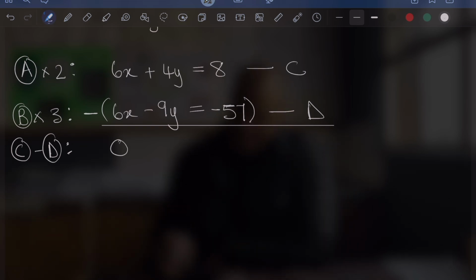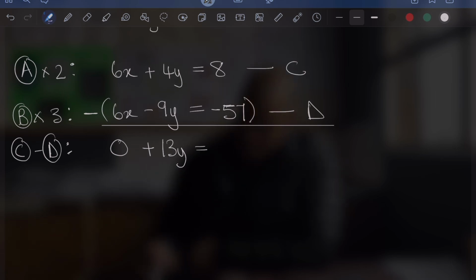And then 4y minus negative 9y is 4y plus 9y. And that will give me positive 13y is equal to 8 minus negative 57, which is 8 plus 57, and that will give us 65.